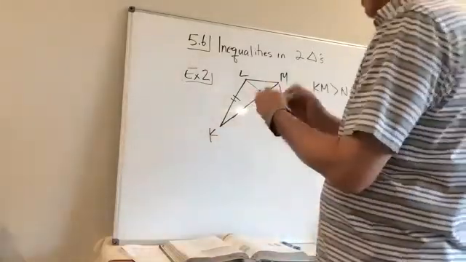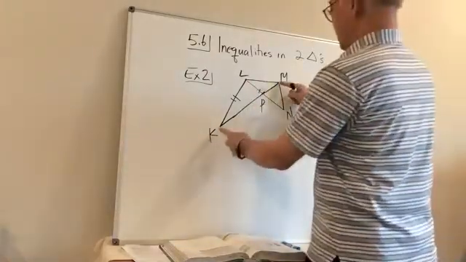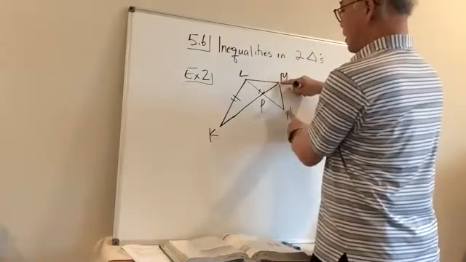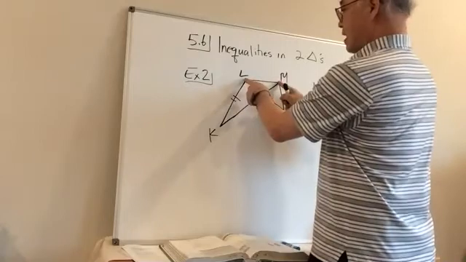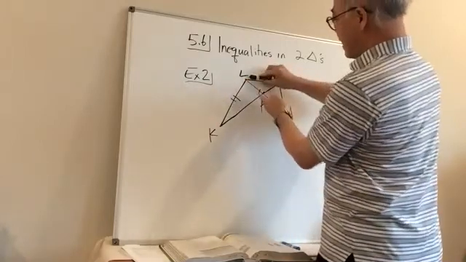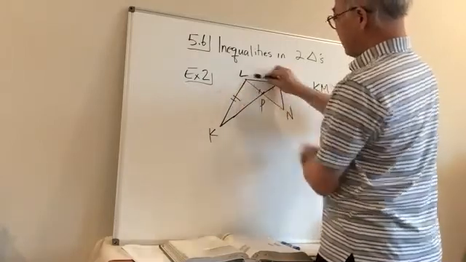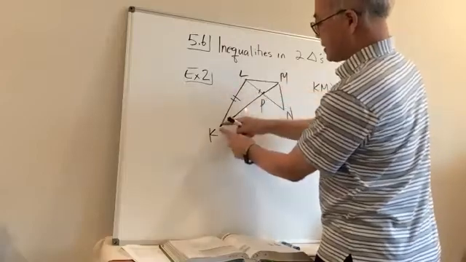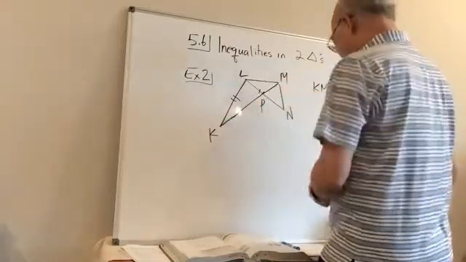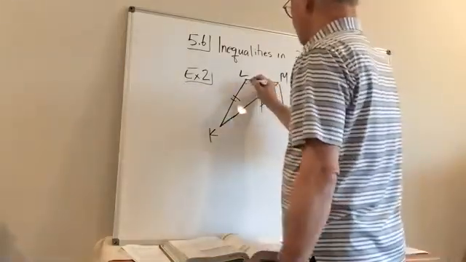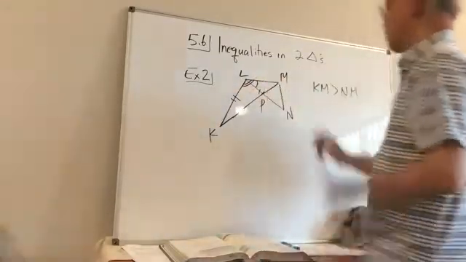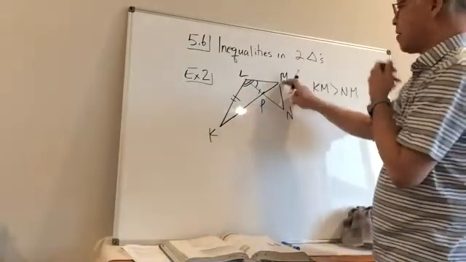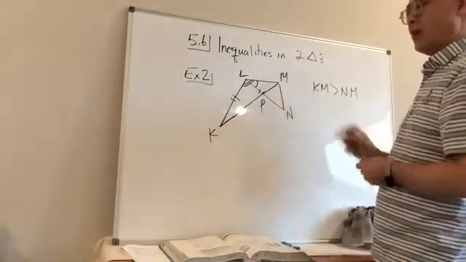So you're looking at a hinge theorem where this side is the same. This angle here is larger than this angle here. Therefore, KM has to be greater than NM, right?